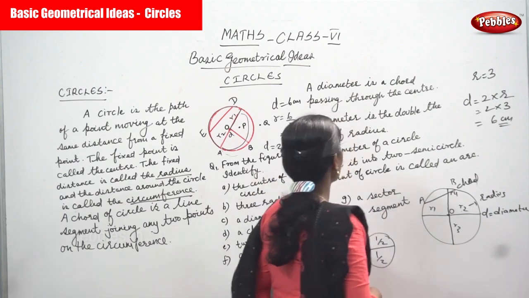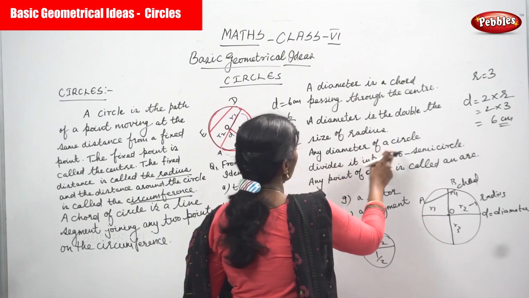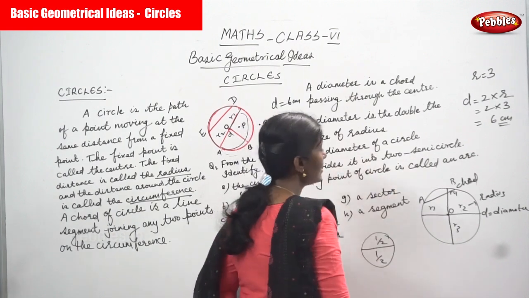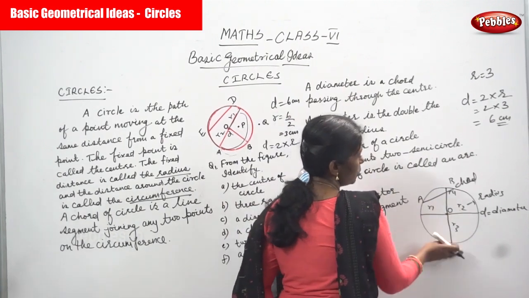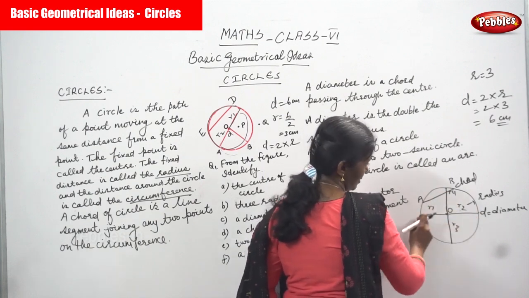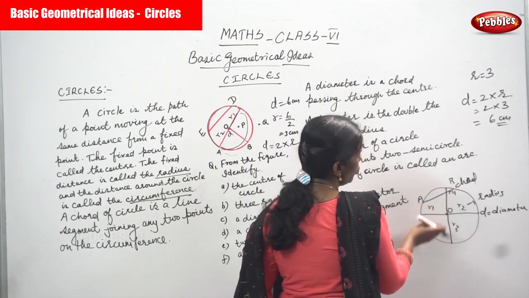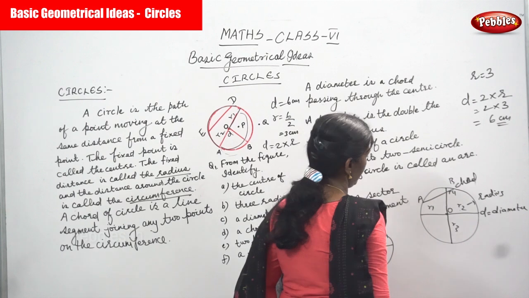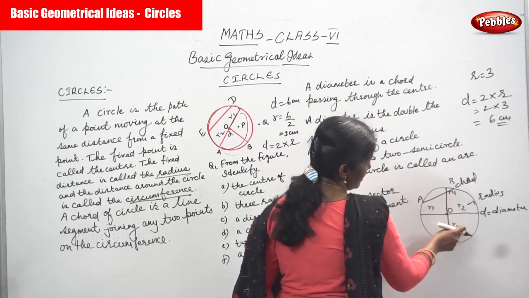And after that, any diameter of a circle divides it into 2 semicircles. This diameter cuts the circle into 2 halves. So we can get 2 half circles or 2 semicircles. This one is a half circle and this is another half circle.